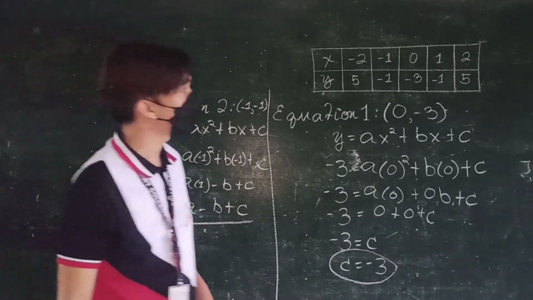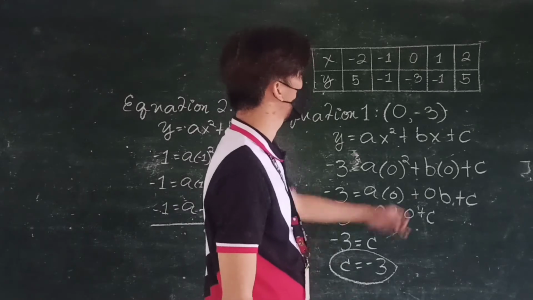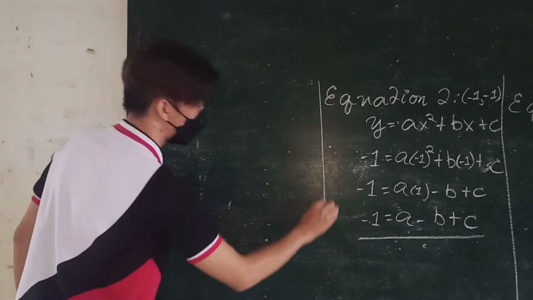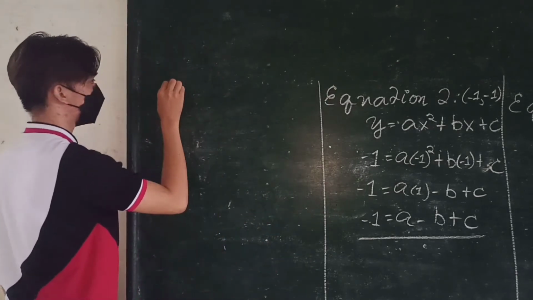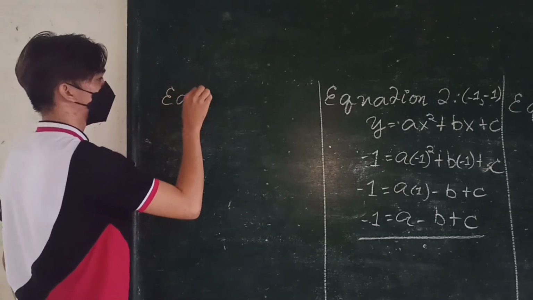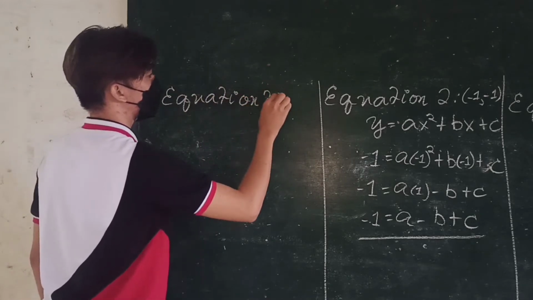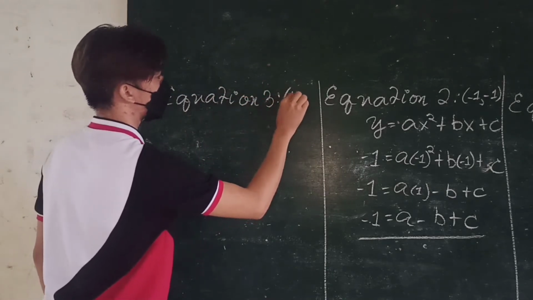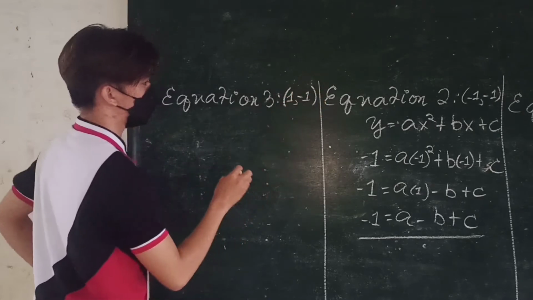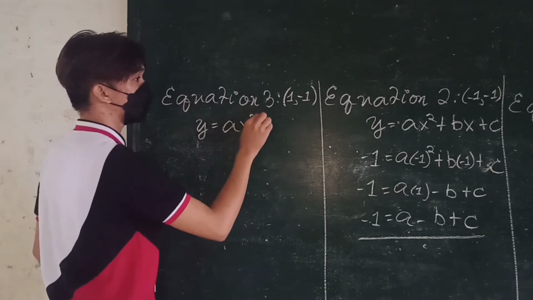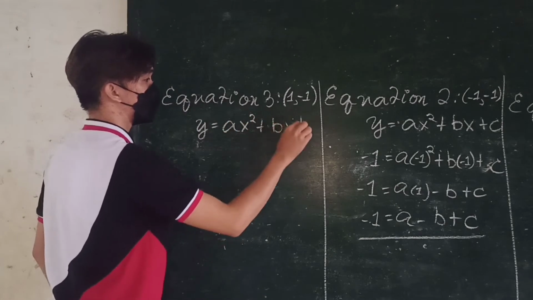Now it's time for our equation 3 using the third ordered pair. We have 1, negative 1. Equation 3. So we write the ordered pair that we are going to use: 1, negative 1. The same process, class. I'm going to use the general form of the quadratic equation.